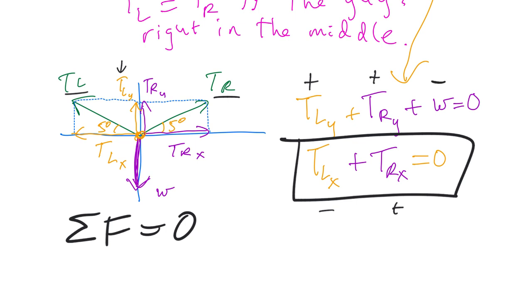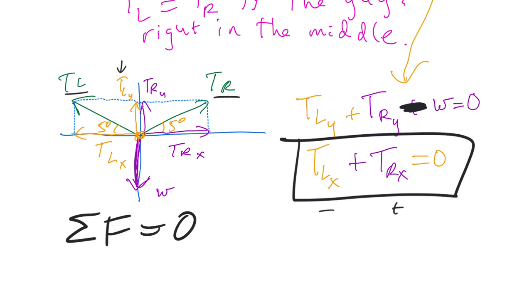Okay, so maybe I should have just said the way I like to do this is just say TLY plus TRY minus the weight is 0, and I don't put negatives on any of these. So I would just write this as weight, and I wouldn't put the negative on the weight when I plugged it in.